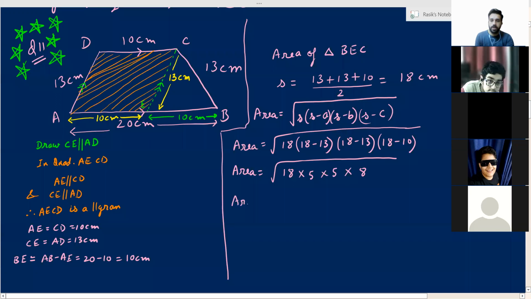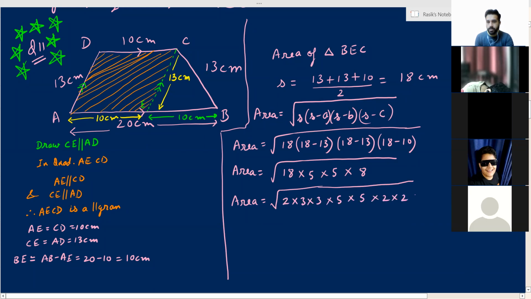How do you find the square root? You do the prime factorization without multiplying. Straight away do the prime factors of all the numbers. There is no need of multiplying. So you will get 2 into 3 into 3 into 5 into 5 into 2 into 2 into 2. Prime factors of all the numbers. Count the number of pairs.